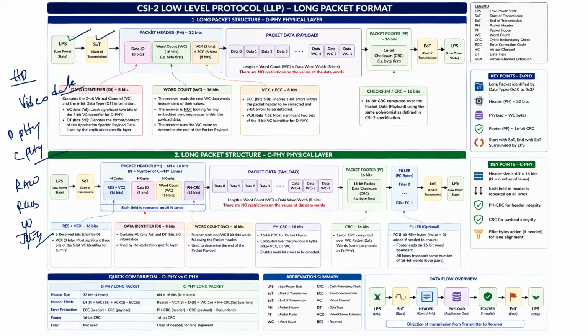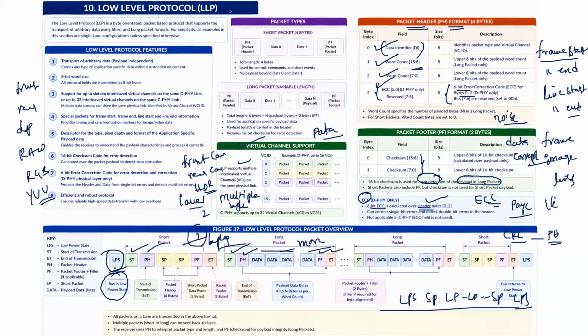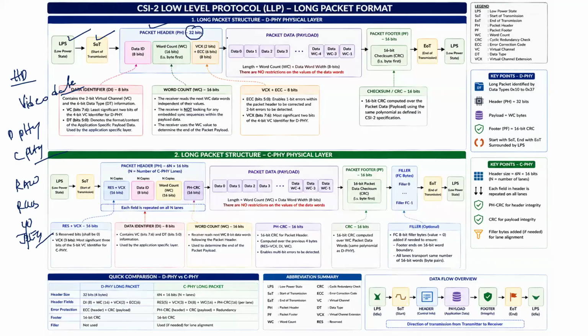Then the header is there, the packet header, in which 32 bits are transferred. Different packet header identifiers are there, and the same thing is followed here. Data ID contains two virtual channels, and these virtual channels support capturing images from different cameras.